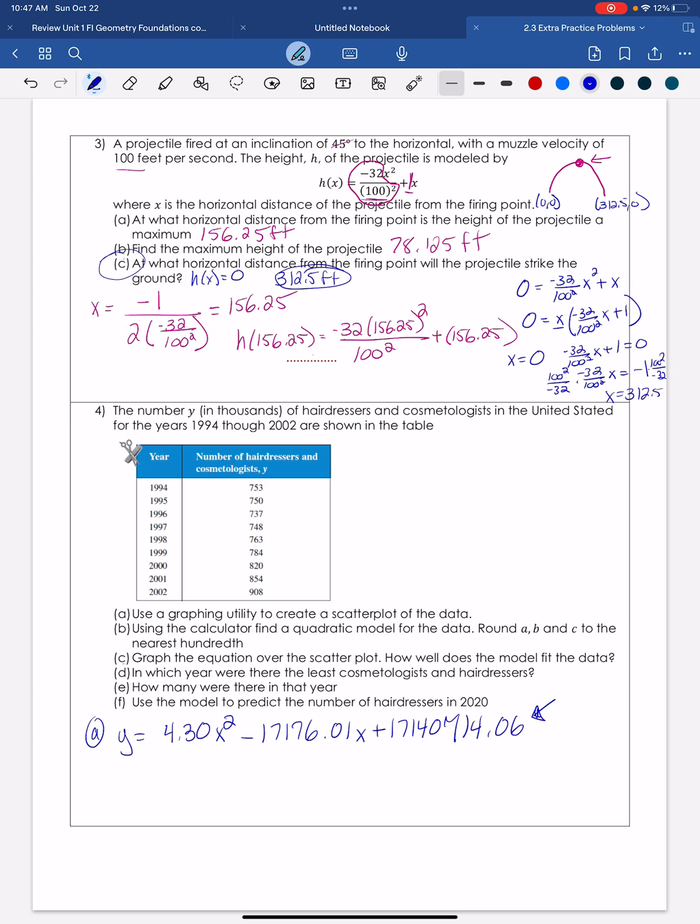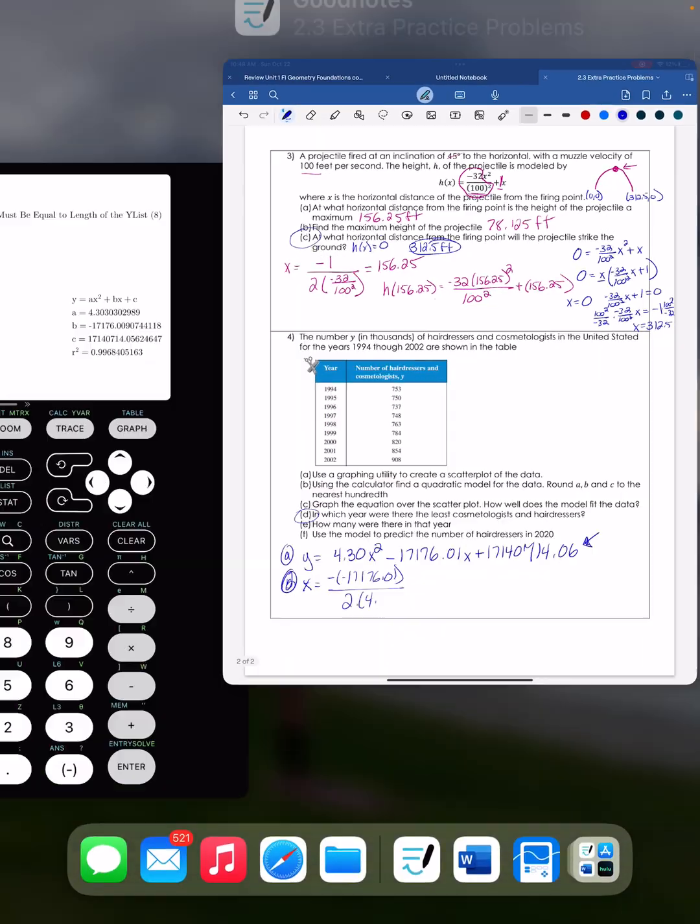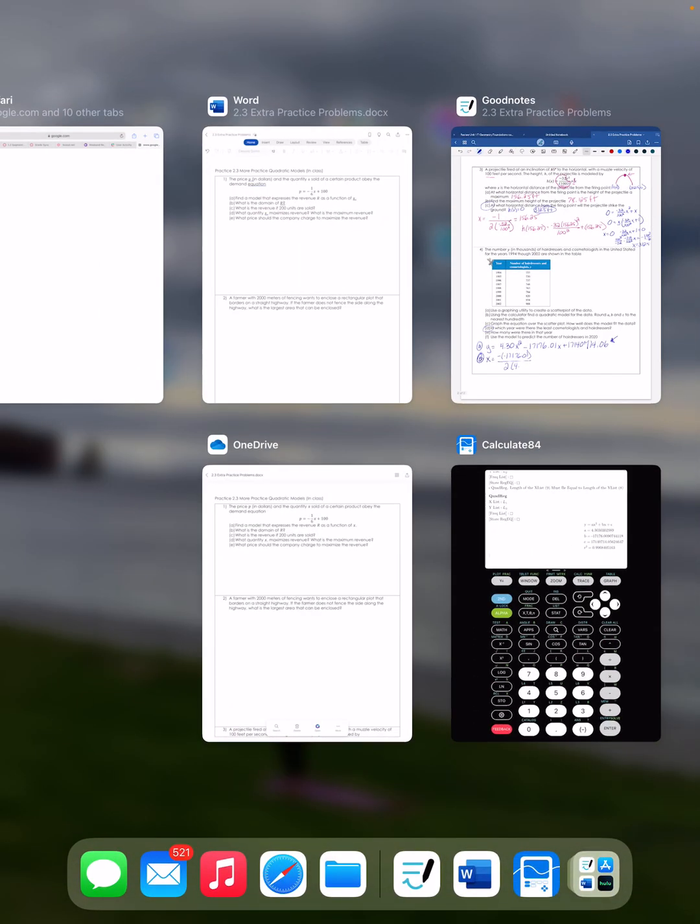So I'm going to go to D, where they're the least number of cosmetologists and hairdressers. So for D, that's going to be your x is equal to negative 17176.01 over 2 times 4.30.